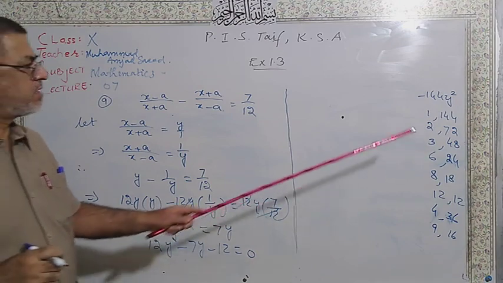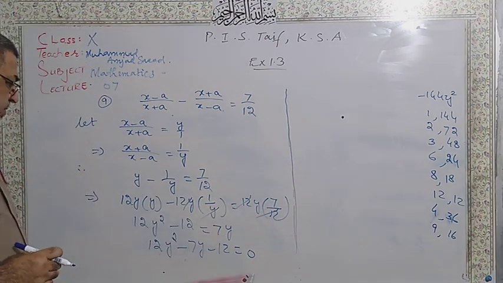So we have so many pairs, but there is only one pair which is making 7.